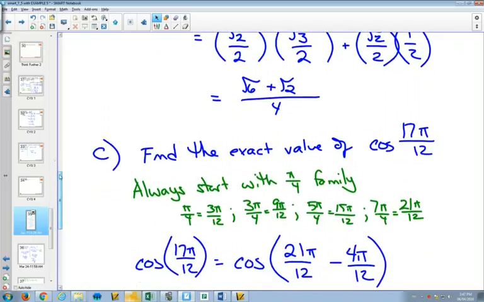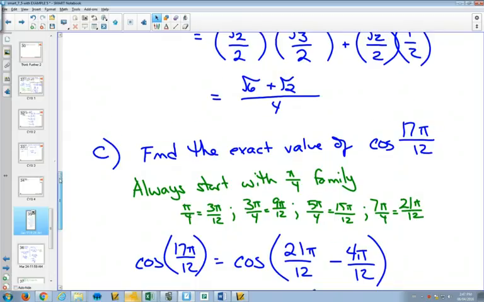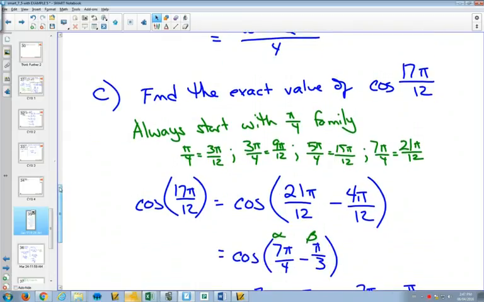So if you choose 21 pi over 12, which is 7 pi over 4, you would have to then say, well, what do I need to make 17? I'd have to subtract 4. So whichever one you pick, you then have to figure out, well, what would I need to make that work? And then once you've done that, you can simplify it to find out what those family members actually were. Well, here I use 7 pi over 4 and pi over 3. No matter which one you use, you will get the same answer in the end.